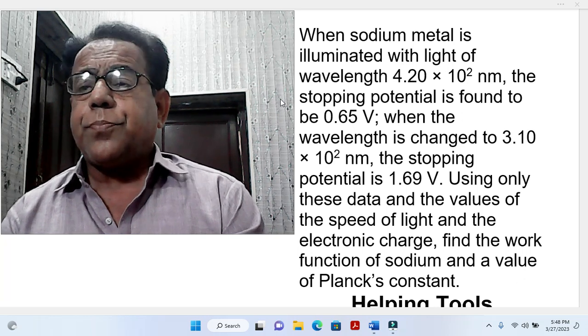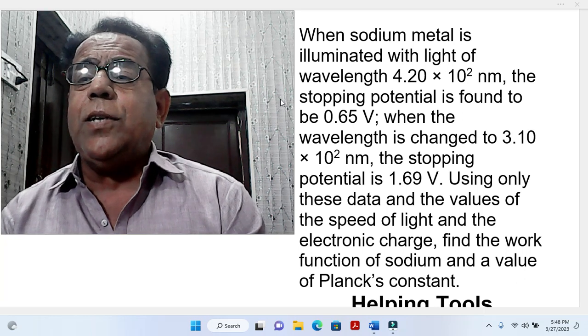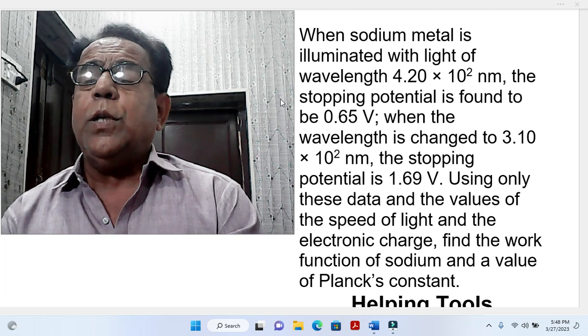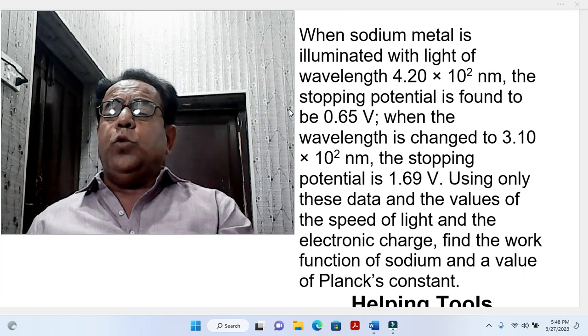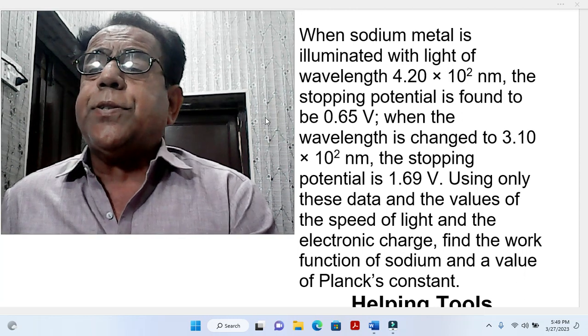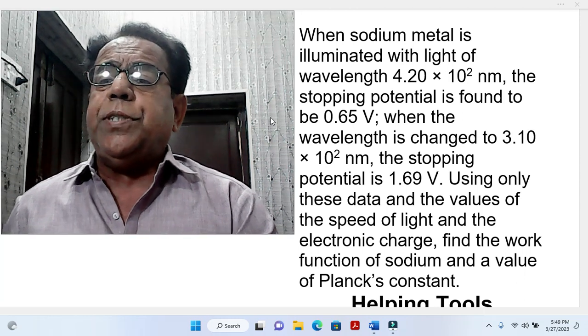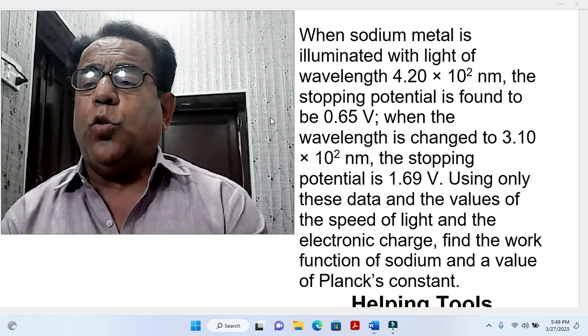When sodium metal is illuminated with light of wavelength 4.20 into 10 to power 2 nanometer, the stopping potential is found to be 0.65 volt.